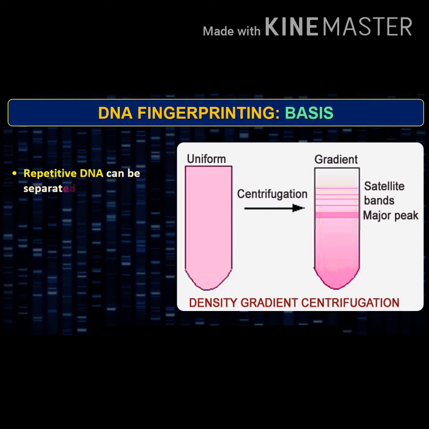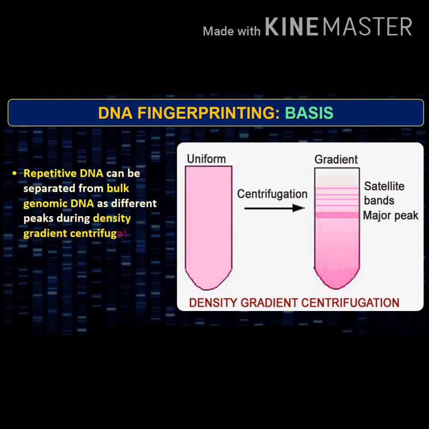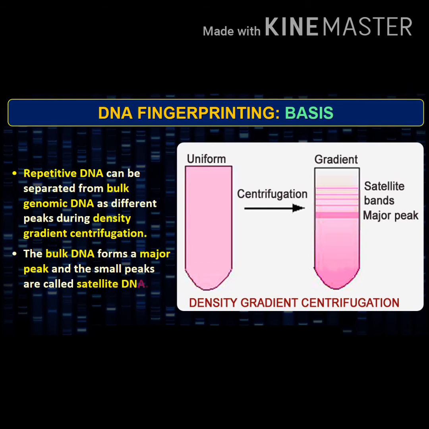Repetitive DNA can be separated from bulk genomic DNA as different peaks during density gradient centrifugation. The bulk DNA forms a major peak, and the small peaks are called satellite DNA.